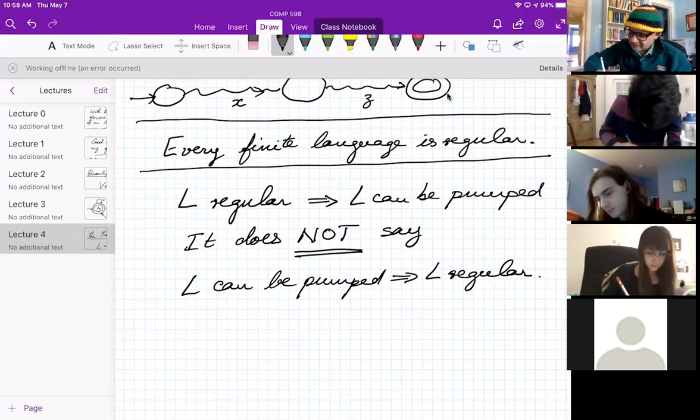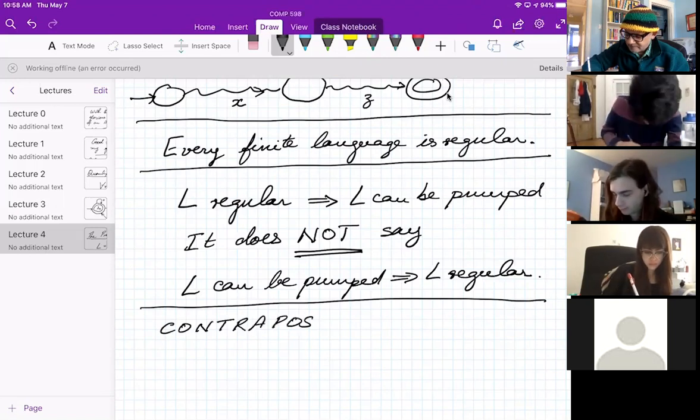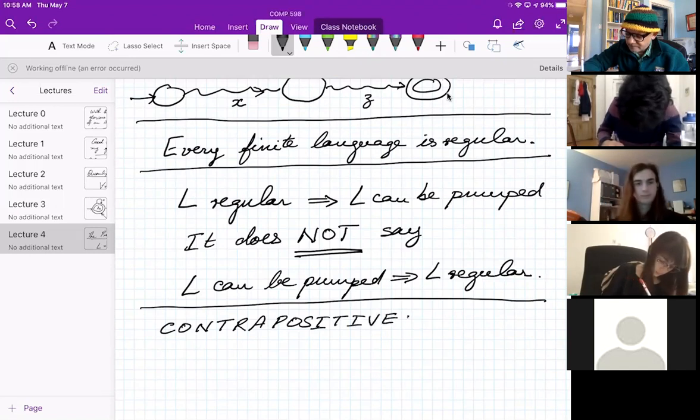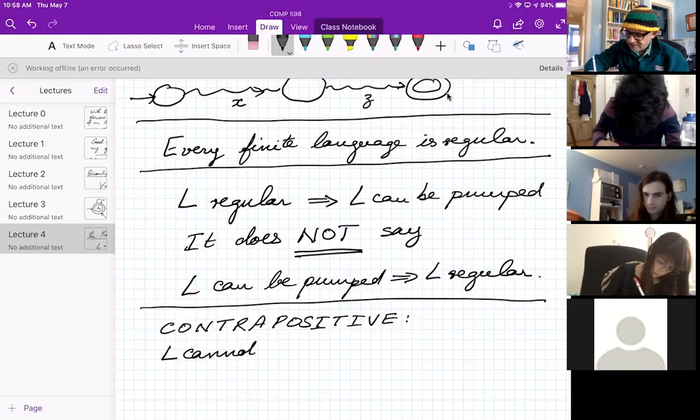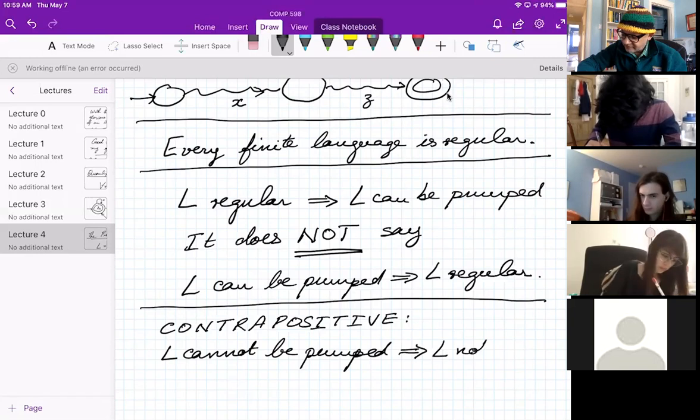Let us look at the contrapositive version. L cannot be pumped implies L not regular.